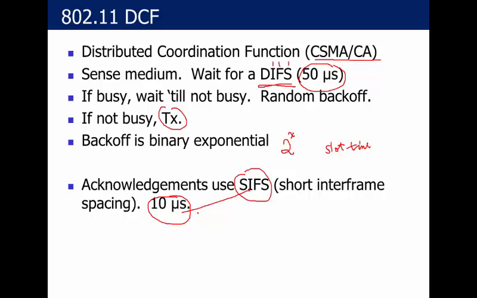If this is a slot time, then 10 microseconds. If slot time is half of this, 5 microseconds, then SIFS is double the slot time, and DIFS, for example, is times 10.